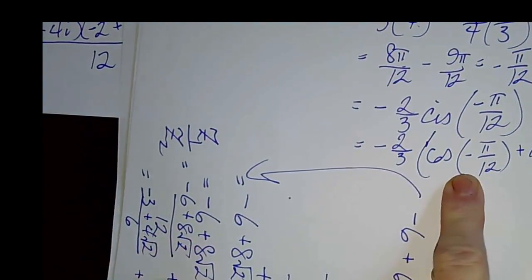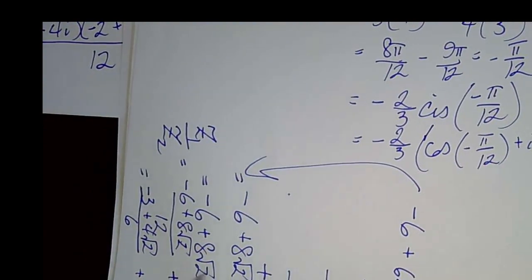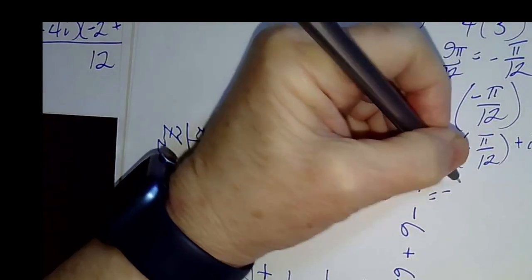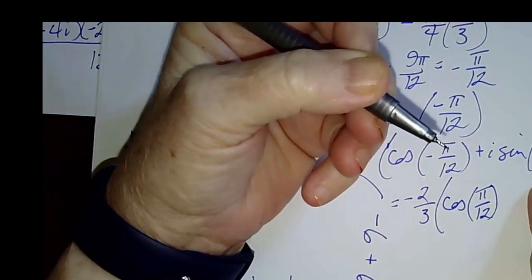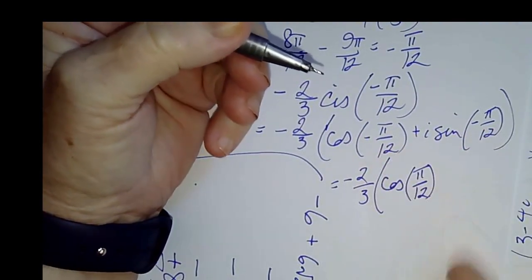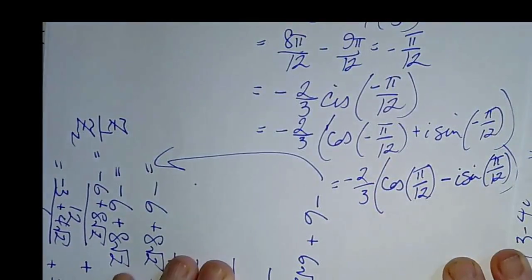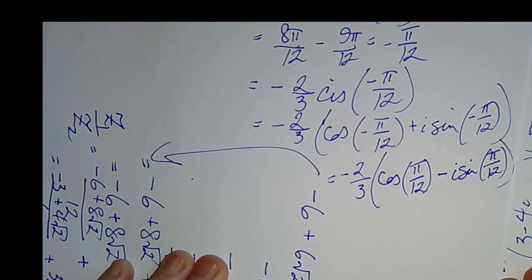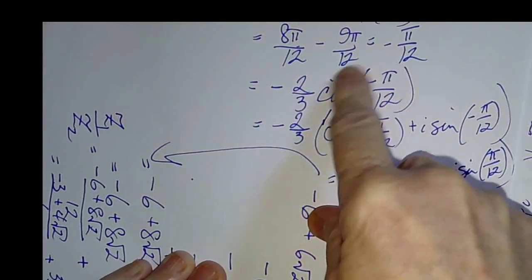I know that cosine is even. That means when it has a negative number plugged in, that it just goes away. So I've got negative 2/3 cosine of pi over 12. Sine is odd. That means when there's a negative inside, it comes out. So minus i sine pi over 12. This step is extra. This answer is fine.